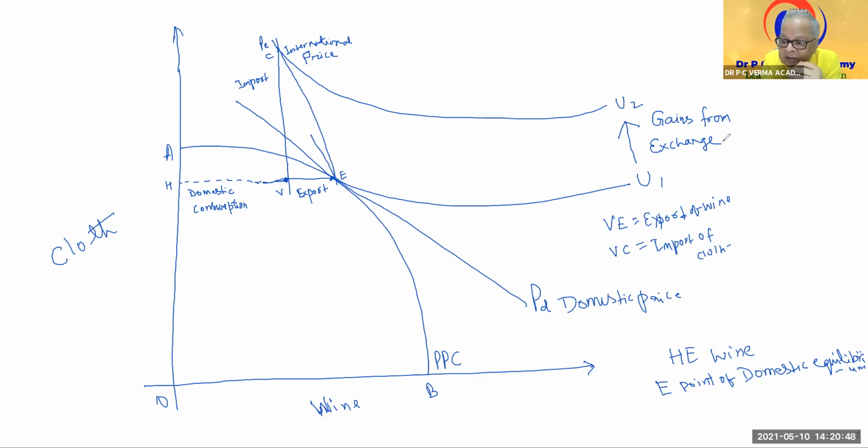Now, what will the country think? The country will think to produce more of the commodity which is exported. The country will specialize in the production of wine and increase production at the foreign price. Foreign price will be parallel to PE.